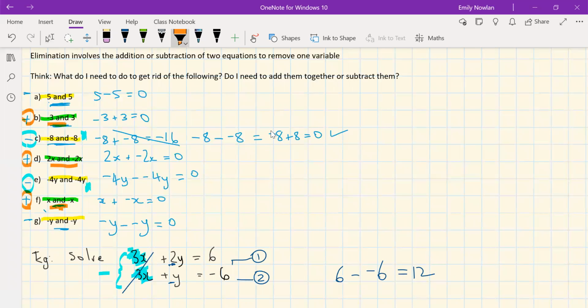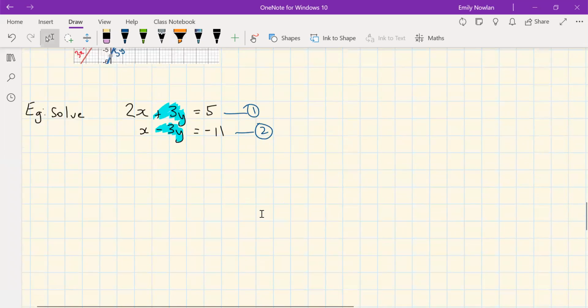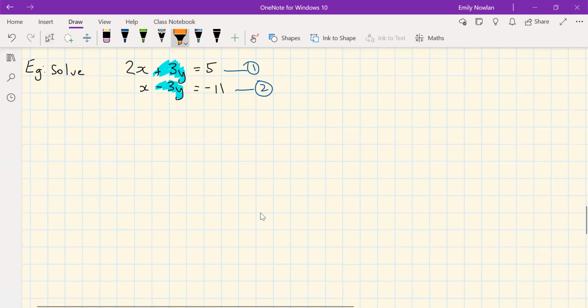So let's go back down here. The signs are different. Okay, we've got a plus 3 and a minus 3, so we have to add them together. So let's go equation 1 plus equation 2.